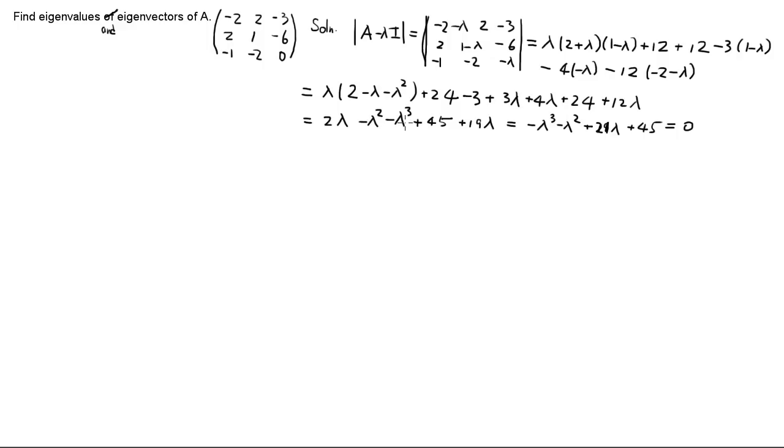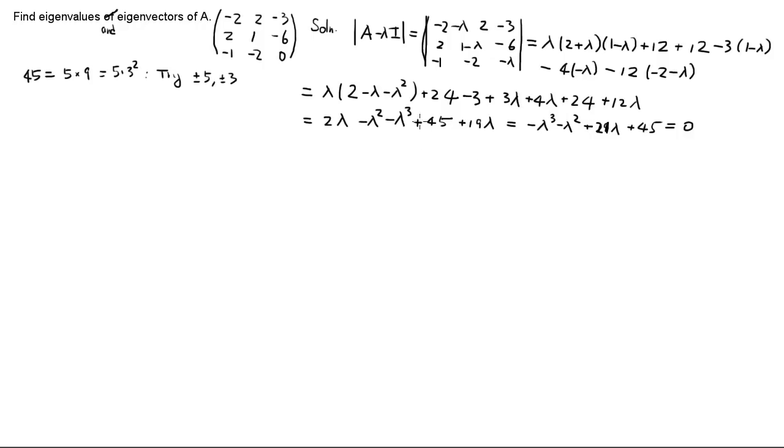In general, it's rather hard to find the roots for a cubic polynomial, but here we're going to try. Remember that 45 over here, we can factor 45 into 5 times 9, and that's 5 times 3 squared. So we're going to try to see if any of these numbers are roots, plus minus 5 and plus minus 3.